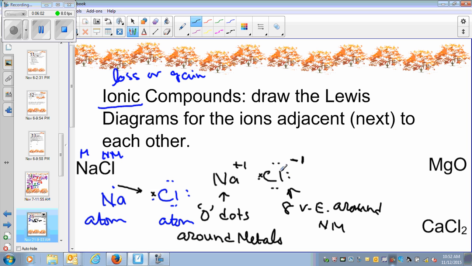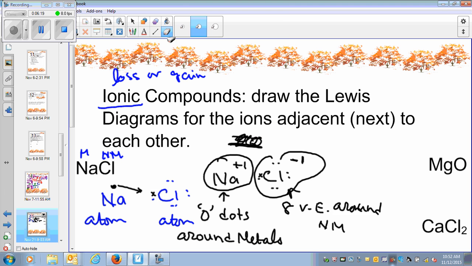So 8 around nonmetals, 2, 4, 6, 8, and 0 on the metal. The valence electron was given to chlorine, so sodium is left with no dots at all, and chlorine must have 8. But we don't show any lines, single, double, or triple. That was only for covalent compounds. One more time, we have to show 0 dots on metals and 8 on nonmetals.